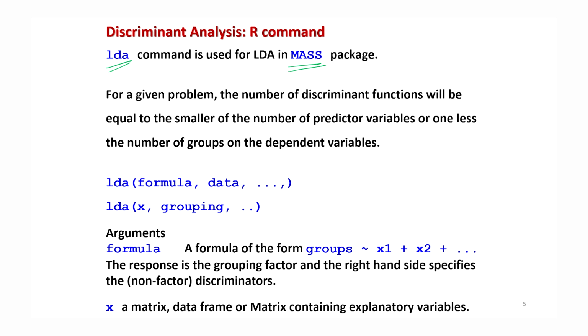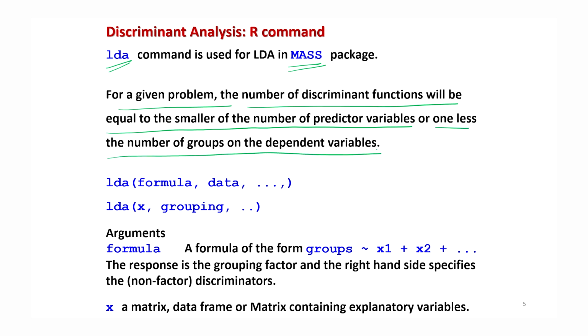One thing you will notice when you apply linear discriminant analysis in R is that for a given problem, the number of discriminant functions will be equal to the smaller of the number of predictor variables, or one less than the number of groups on the dependent variable. For example, if you have 3 groups, then you will get 2 linear discriminant functions.